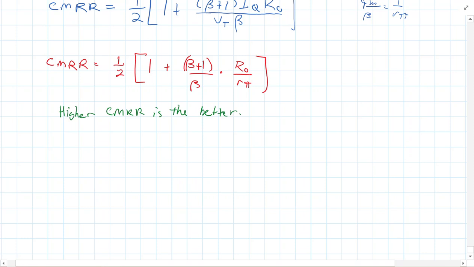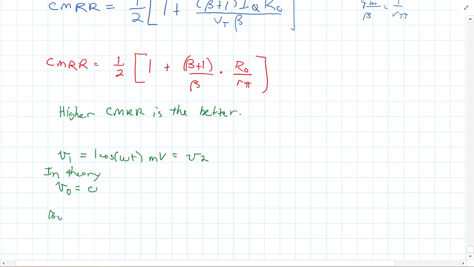And again, what that means is that if we had the same, like for instance, let me just write it down. Let's just say we had V1 equals 1 cosine omega t millivolt, which is equal to V2. In theory, V out should be 0.